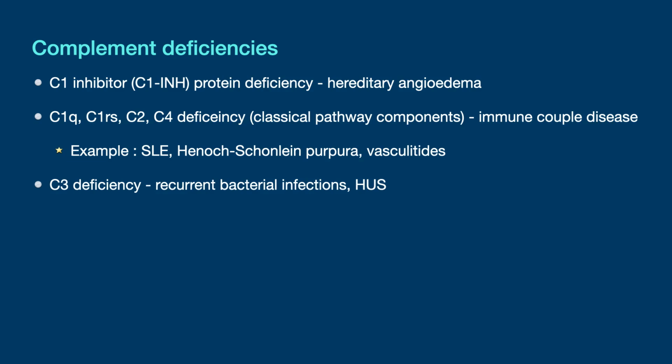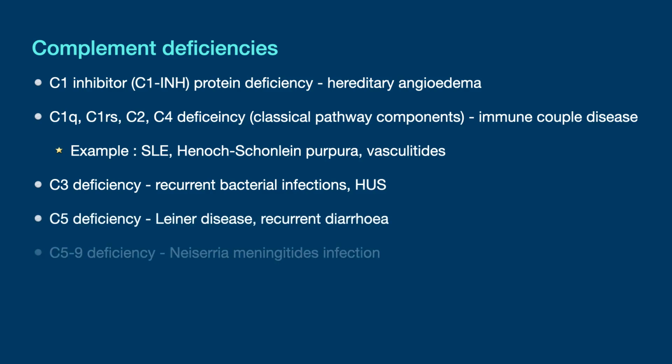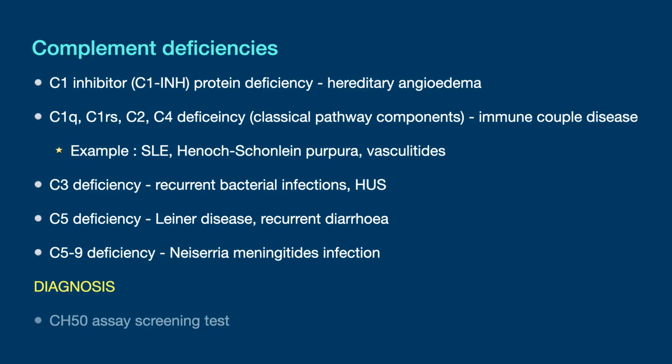C3 deficiency causes recurrent bacterial infections and hemolytic uremic syndrome. C5 deficiency causes Leiner's disease and recurrent diarrhea. And C5 to C9 deficiency causes Neisseria meningitidis infection. As for the diagnosis, you need to do a CH50 assay screening test.